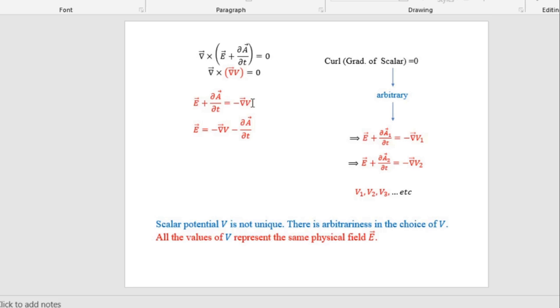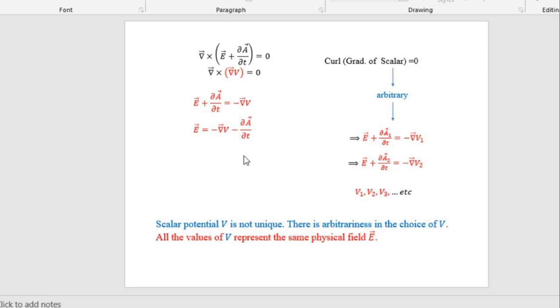We can take any arbitrary value of this potential in this position, and all these arbitrary values V1, V2, V3, whatever we like, will represent the same electric field E.